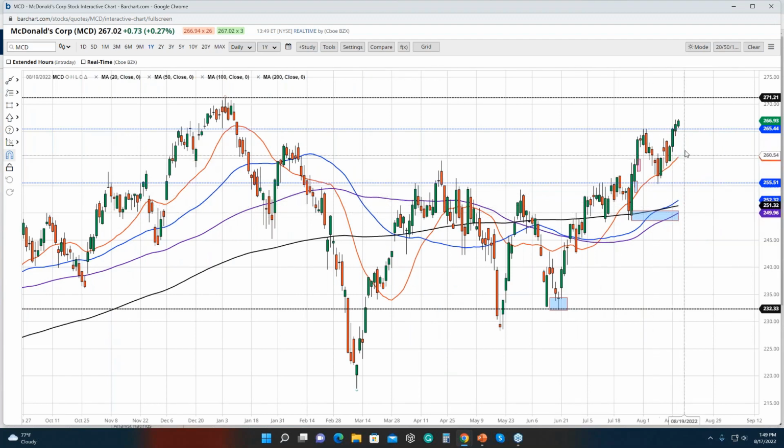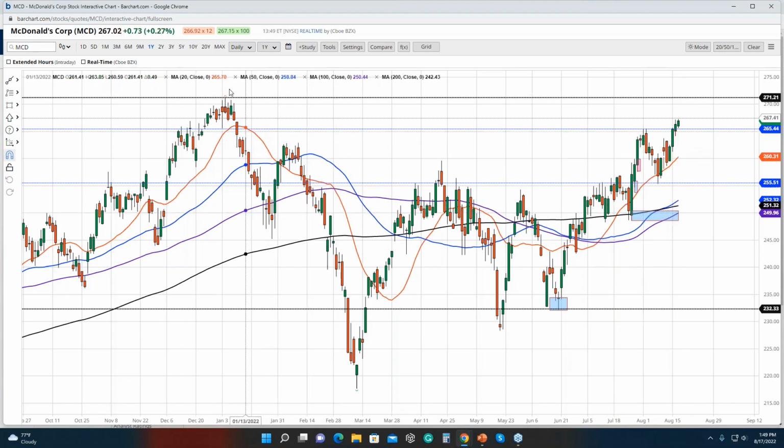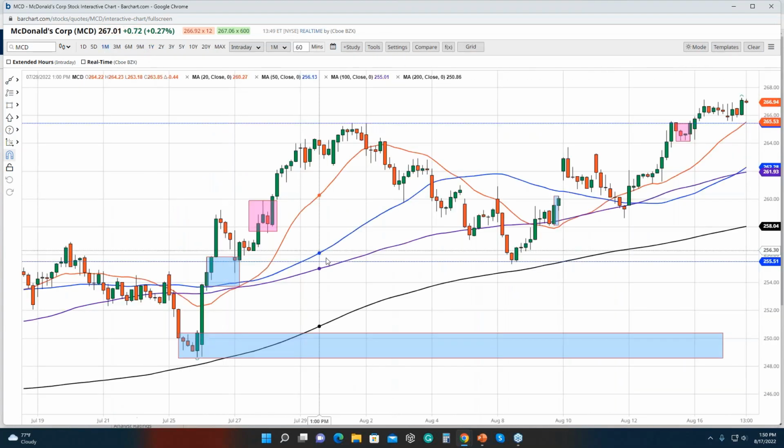Again, could I wait for a pullback all the way to these moving averages and still be in an uptrend? Yes, I could. If I wanted to capture this kind of momentum that this market is under right now, maybe I look for a pullback in this area. All right. So now I'm going to step down to my lower time frame.